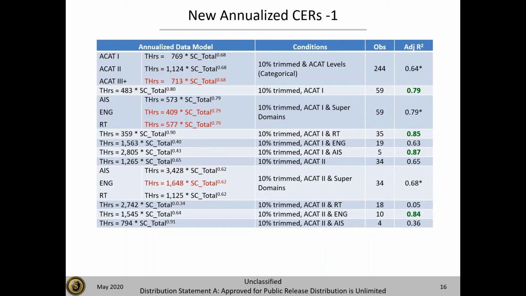So you can see that the ACAT one in real time, for example, had a pretty good R² versus the one for engineering, which had a much lower one. So this allowed us to separate out the blocks, if you will, that had good R² and good commonality in the data that were provided, versus those that had some more variation in them.